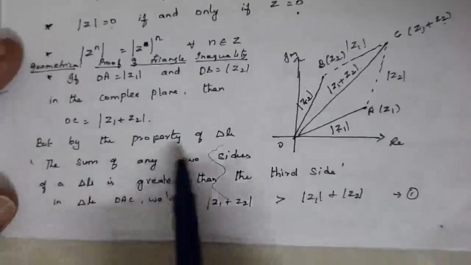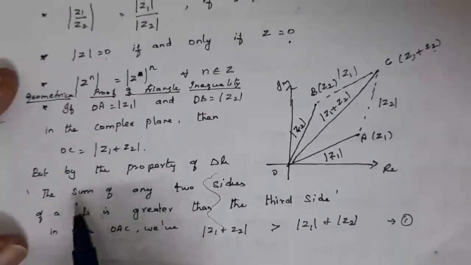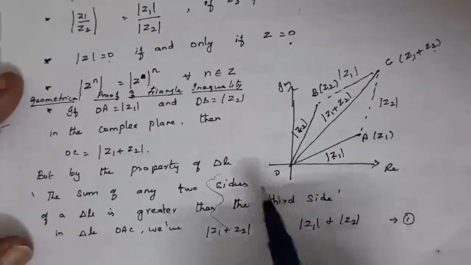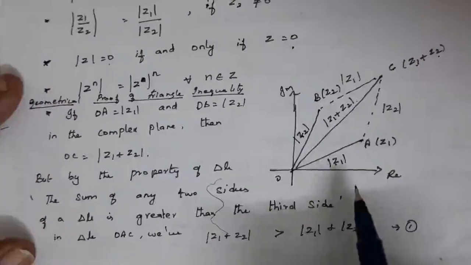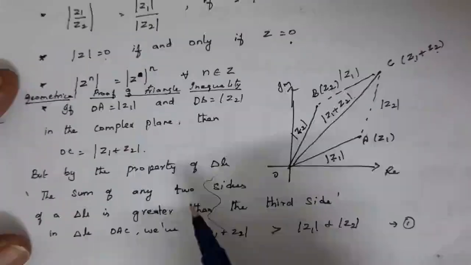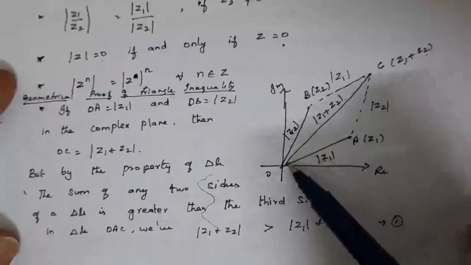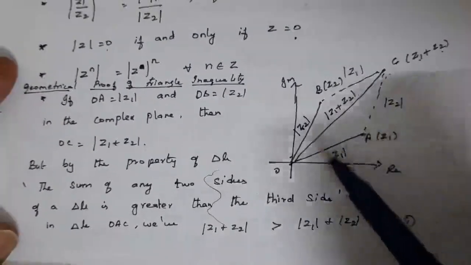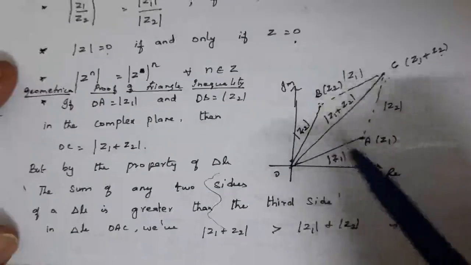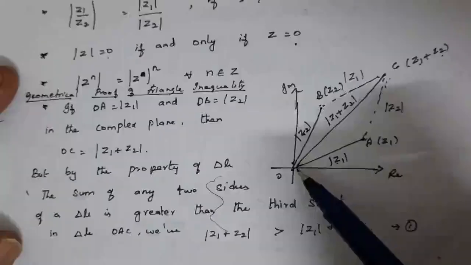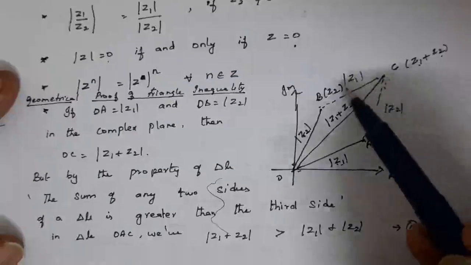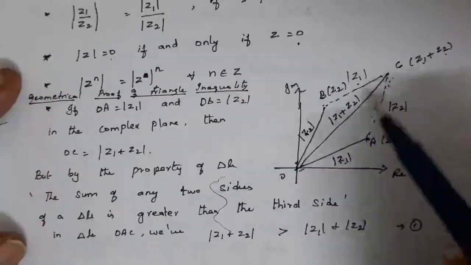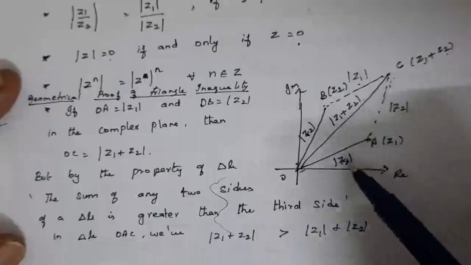But you know one property of a triangle. In any triangle, the sum of any two sides will be greater than the third side. This is a property of a triangle. So, if you consider the triangle OAC or OBC, as it is a parallelogram, if OB is z2, this is also modulus of z2, and if OA is modulus of z1, BC is also modulus of z1.